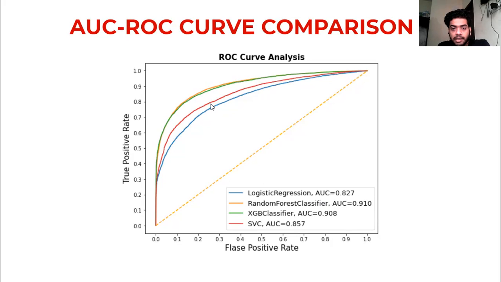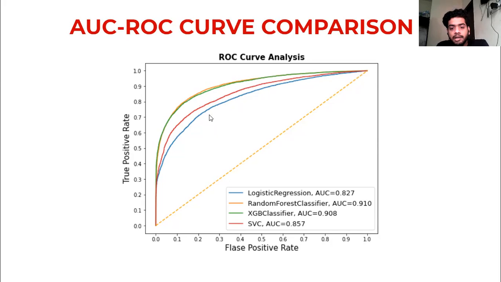So basically the ROC AUC curve shows the area under the ROC curve, that is the AUC. The model with the higher AUC score will be the most suitable model for this problem.